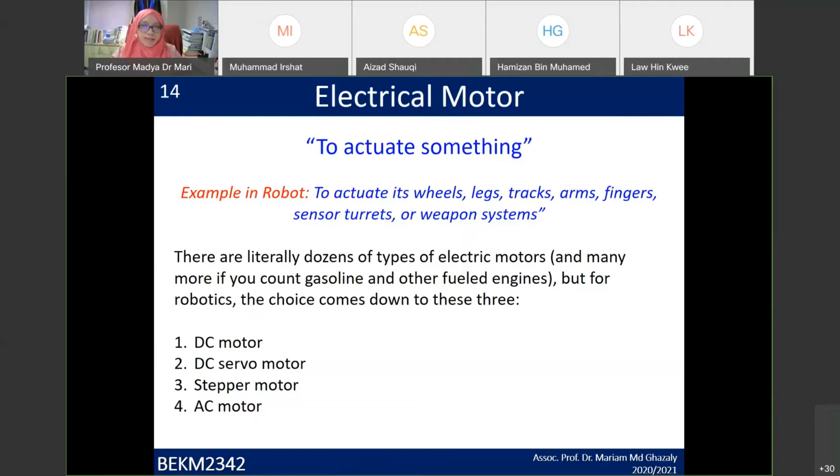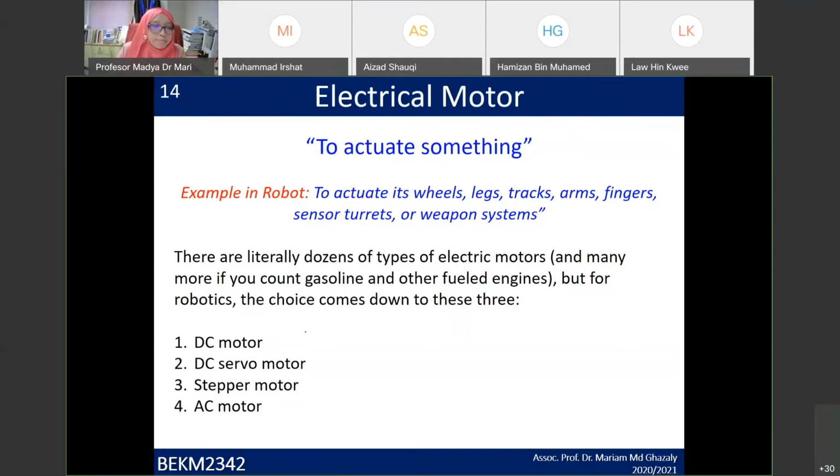Most of the time we use an electrical motor for that. If you use hydraulics or pneumatics, then you need a compressor to compress air and so on. For robotics, the compressor would have to be very small, and a small compressor will be very expensive. So normally people use electrical motors for robotics.